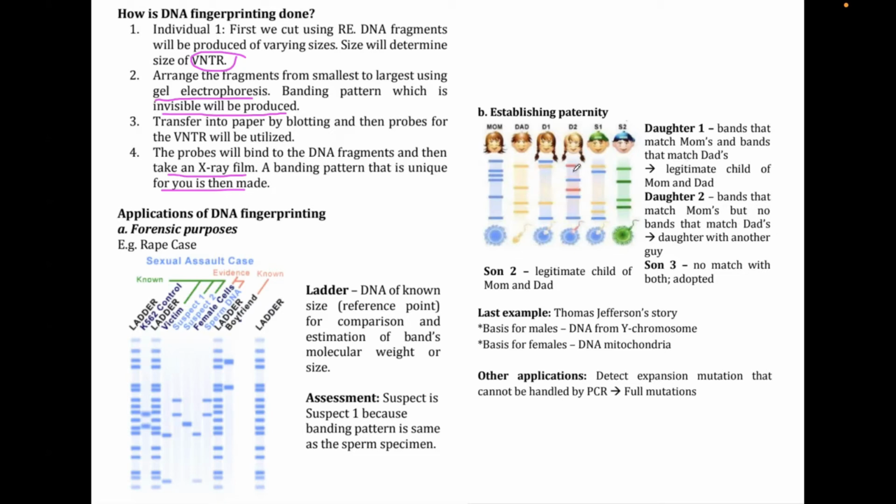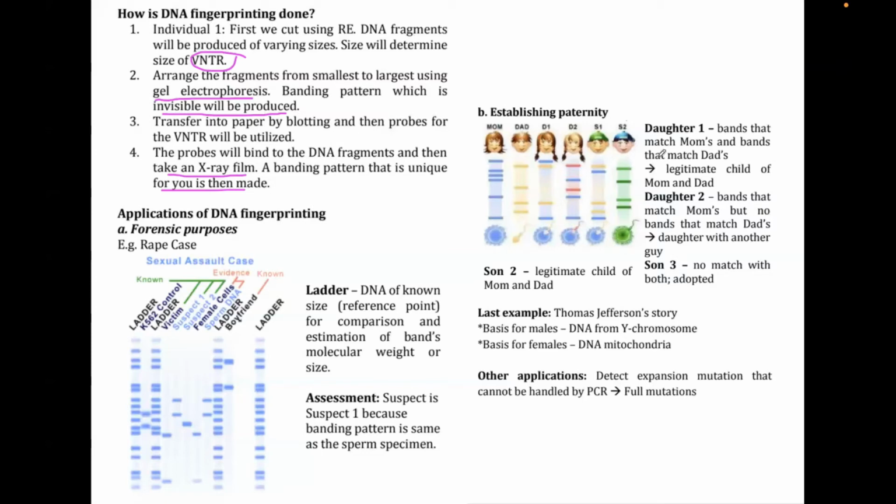Daughter number 2, puro kay mom nakuha, wala siyang band na same as pattern kay dad. So the daughter with another guy. She is the daughter from another guy. Okay, son number 2 is a legitimate child of the mom and dad because if you will look closely, okay, tama naman. They have the same pattern aligned to the mom and the dad. And the son number 3, tingnan natin.